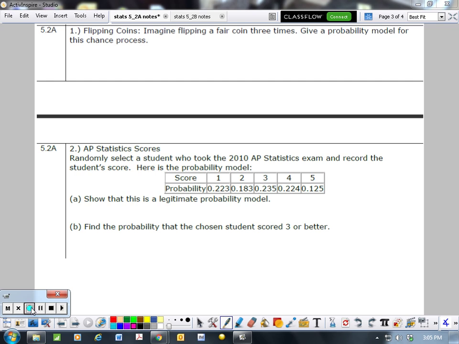If I'm flipping a fair coin 3 times, I could have heads, heads, heads. Or I could have heads, heads, tails. Or I could have heads, tails, heads. Or heads, tails, tails.